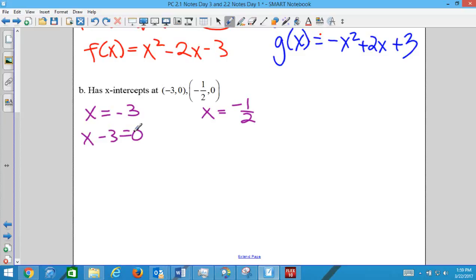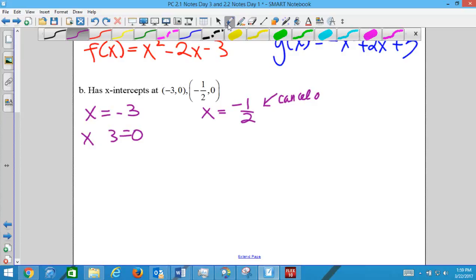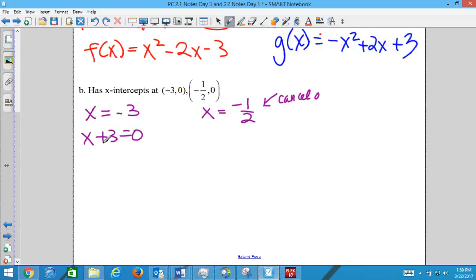This fraction one, what you want to do is cancel out the fraction first. If you have a fraction, you need to get rid of that fraction.